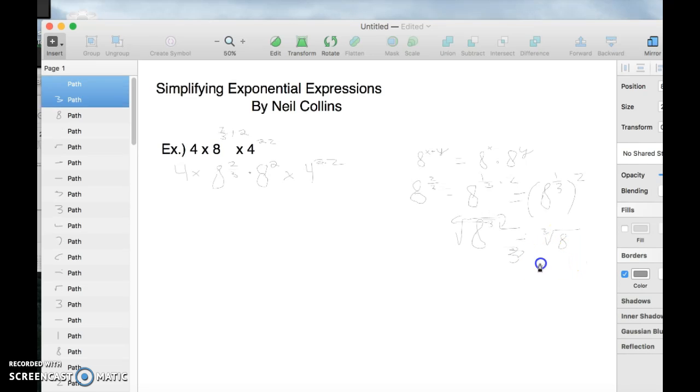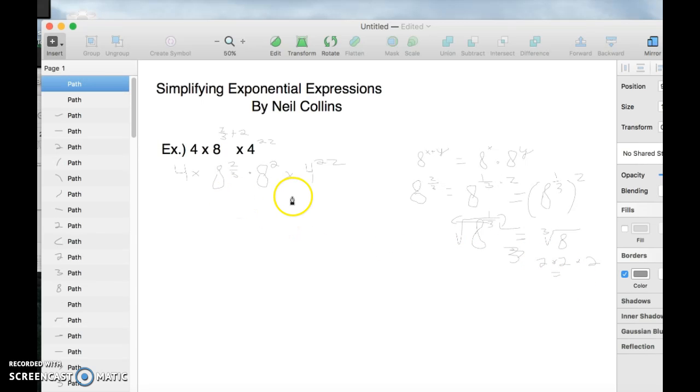So that's equal to 2 times 2 times 2, which equals 8. What goes into 8 3 times? 2. 2 times 2 times 2 equals 8.